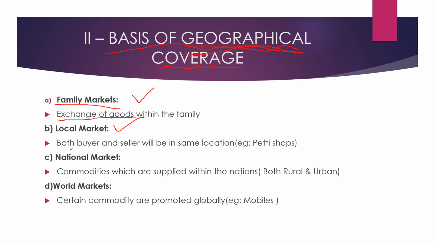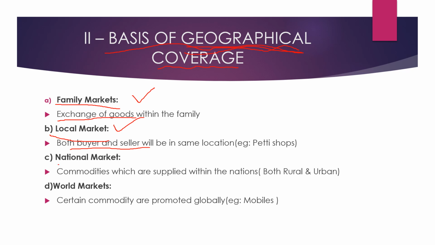A local market means buyers and sellers are in the same location, and the location is according to the convenience of the consumers, so the place will be nearer to the consumers.